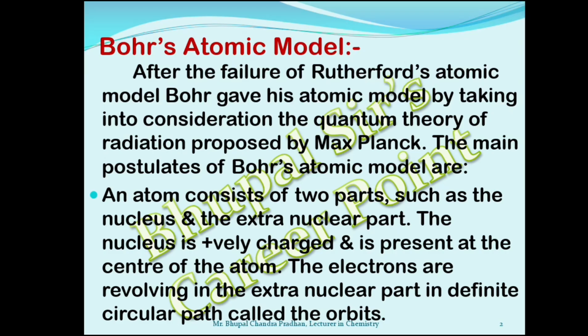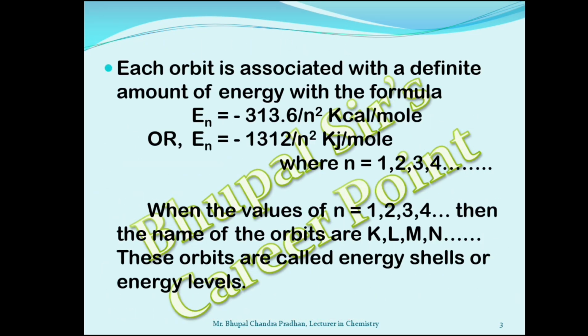According to Niels Bohr, an atom has two parts, one nucleus and one extranuclear part. The central massive positively charged part, which is made up of neutrons and protons, is called the nucleus, and the electrons are revolving surrounding the nucleus in several fixed circular paths known as shells or orbits.